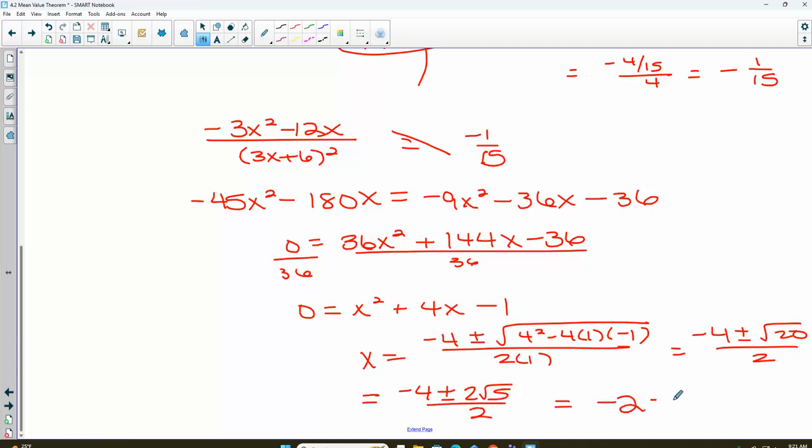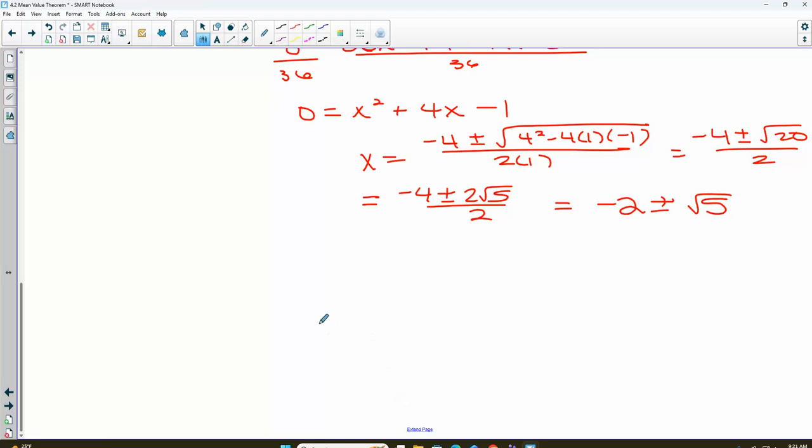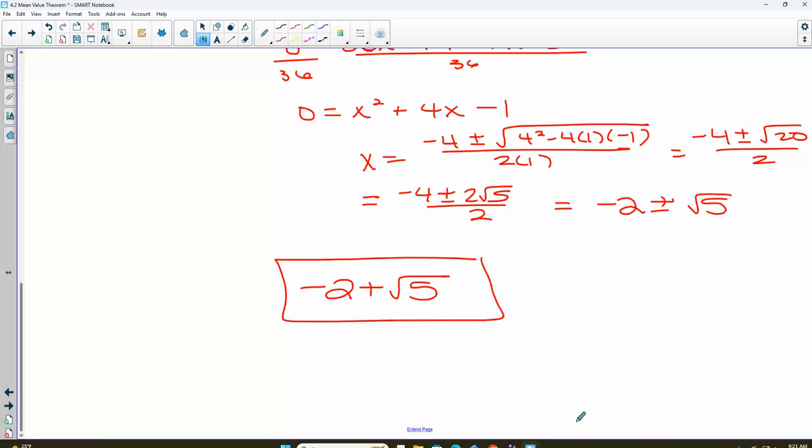Negative 2 plus or minus the square root of 5. We only wanted between negative 1 and 3. So I can only use the negative 2 plus square root of 5. Now, that was a fairly ugly example.